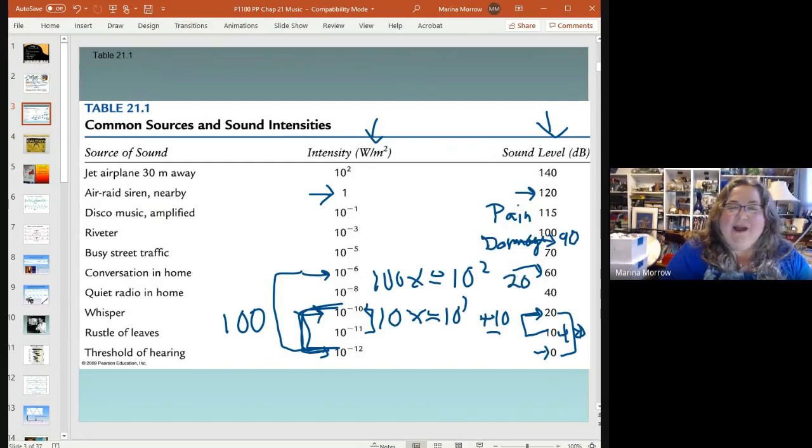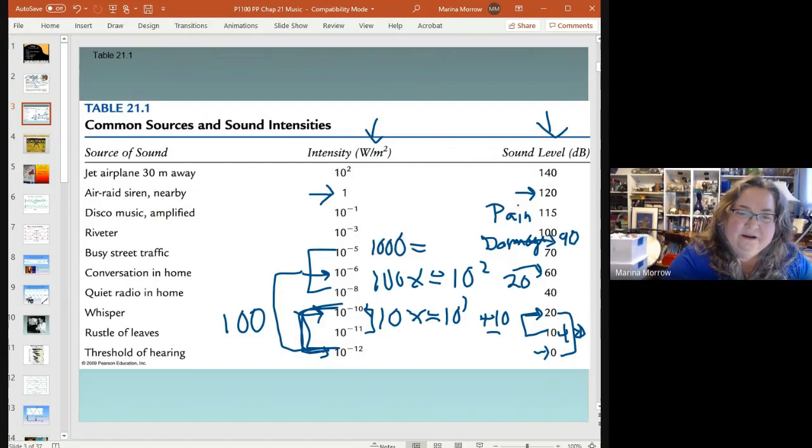Now if we go up 1,000 times more energy, that's 10 to the 3, and over here, that's going from 40 to 70, that's going up 30 decibels.